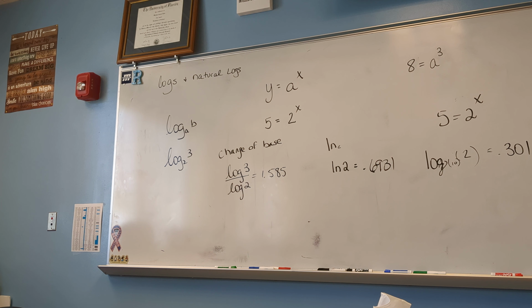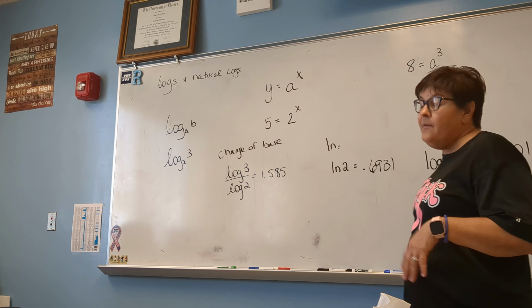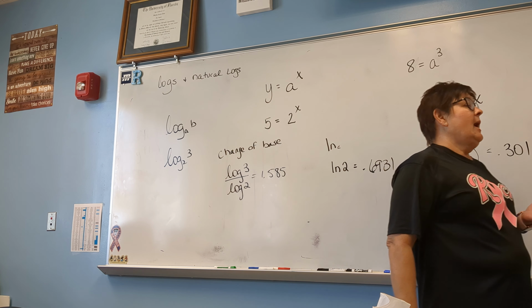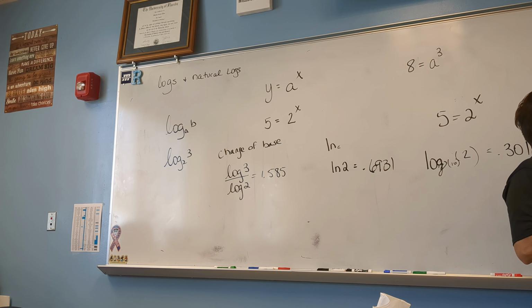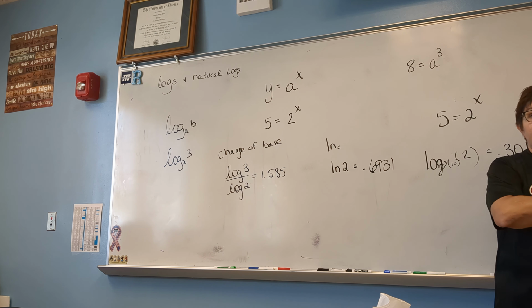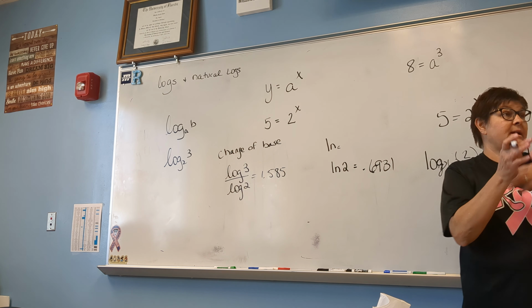Now, log base a of b is equal to y. This is like a formula. Oftentimes, you're not going to be given the a and the b. You're going to be given a y and trying to find an a or b, or given the y, trying to find the b when you know the a.